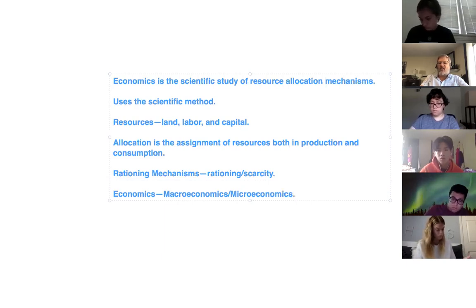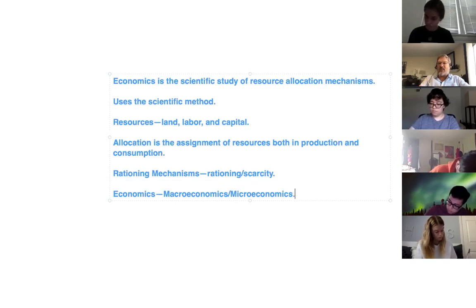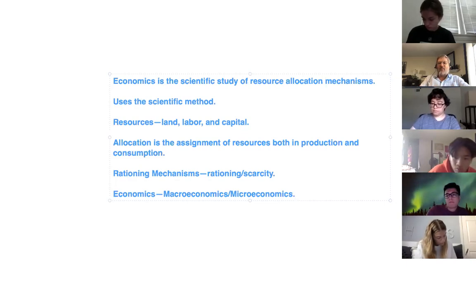The difference is that microeconomics, what you guys are going to be studying with me, deals with the choices that individual consumers and businesses make, and with individual markets, like the market for cell phones, for example, or the market for labor. And macroeconomics deals with economy-wide phenomena like economic growth and inflation. And so there's some overlap between the two.